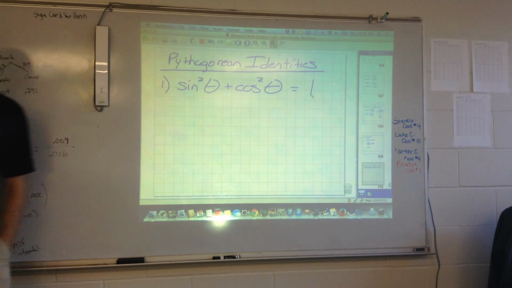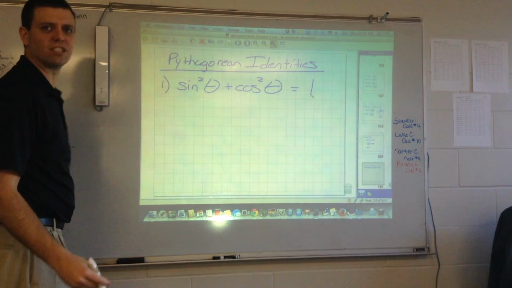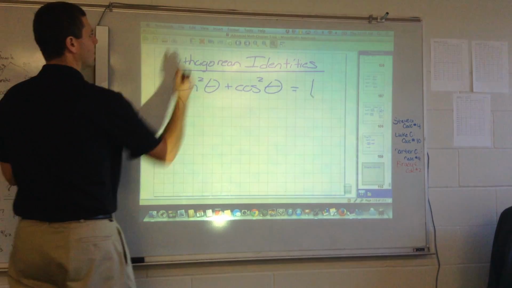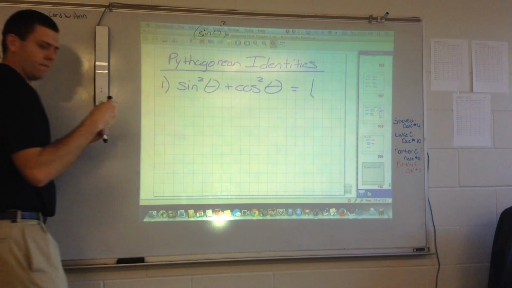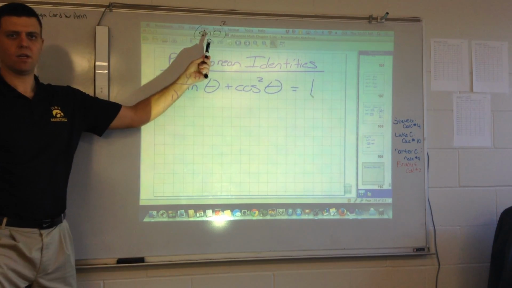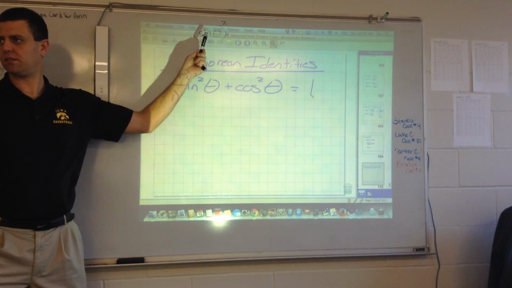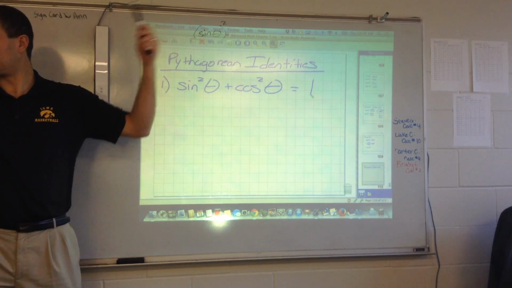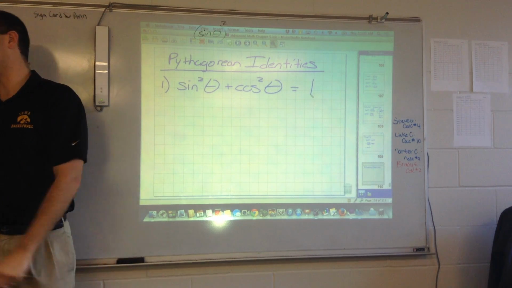One quick thing on notation, guys. When you see sine squared theta, it means the sine of theta squared. Find the sine of theta, get that answer, and square it.